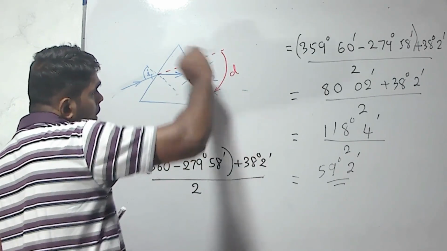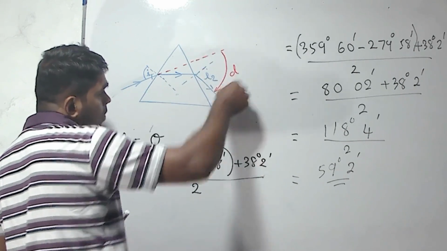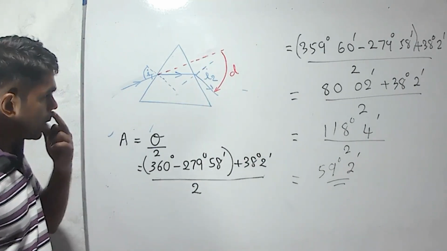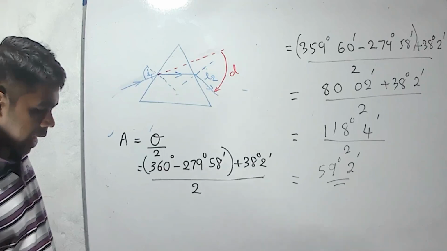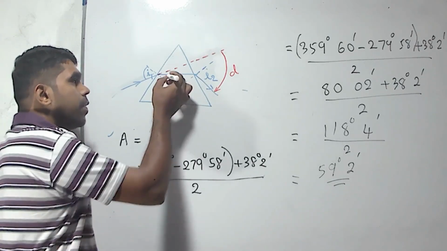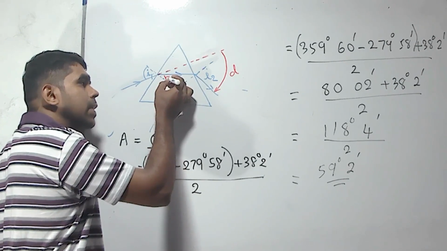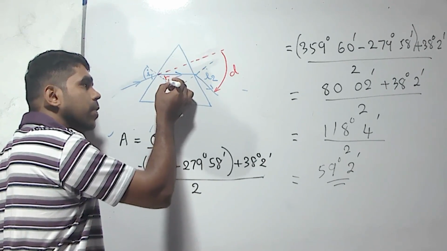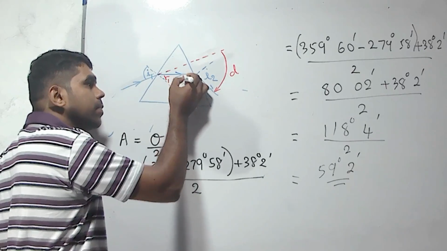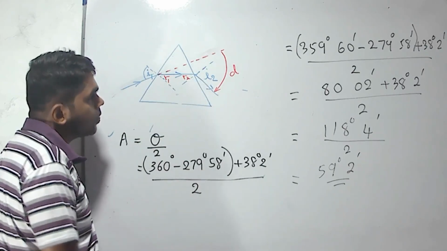The angle between the incident ray and the emergent ray is the angle of deviation. When calculating the angle of deviation, we can get the refracted angle for the first surface as R1, and for the second surface R2.